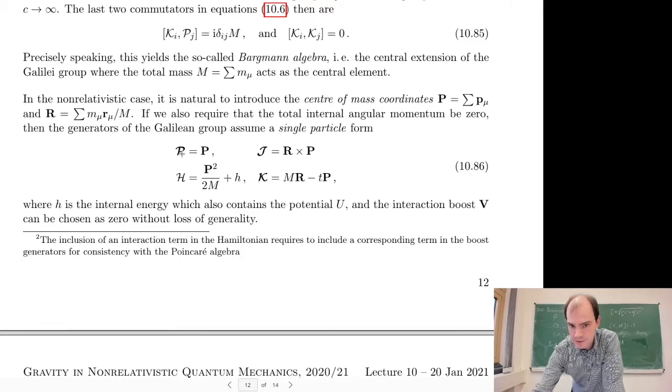They look exactly like what we would get just for a single particle, just now with the total momentum and the center of mass position. So if we introduce Galilean center of mass coordinates, then those bring those generators to a form that looks like a single particle, with the only difference that our Hamiltonian, our H generator, gets an additional small h, which is the internal energy.